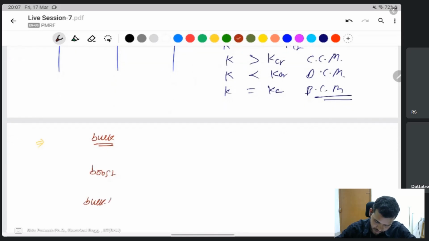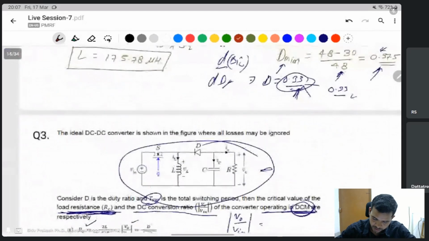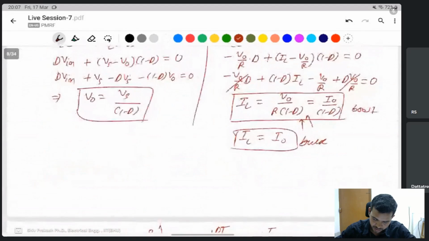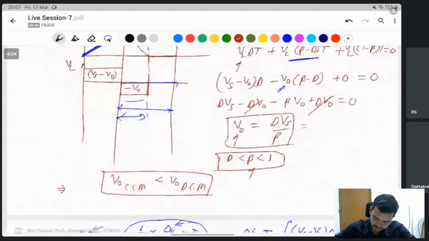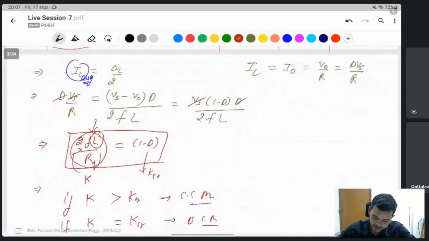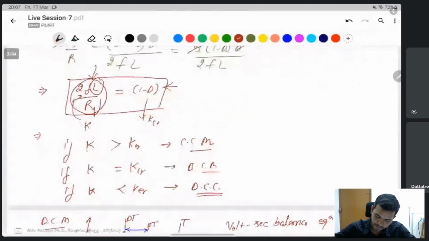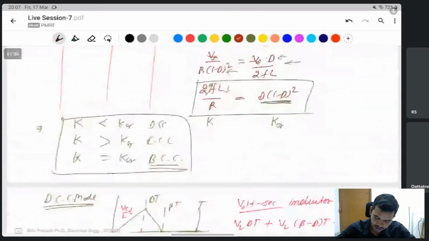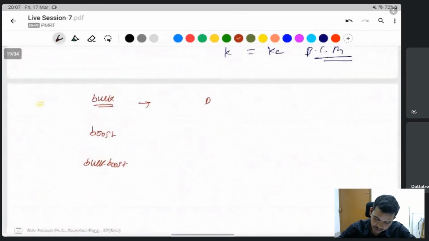For the buck converter, Kcr is 1 minus D. For boost, D into (1 minus D) square.